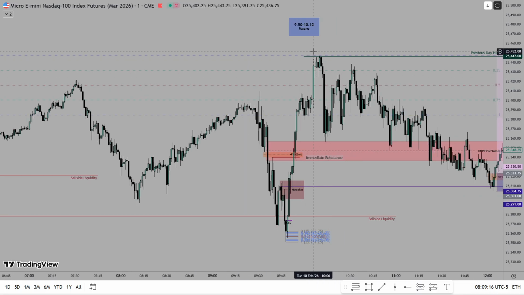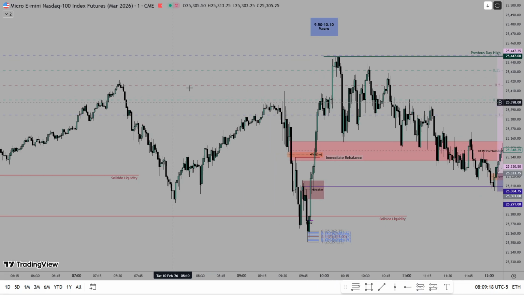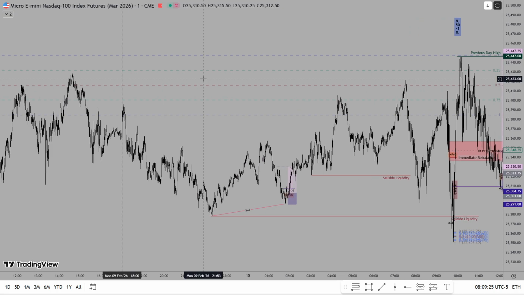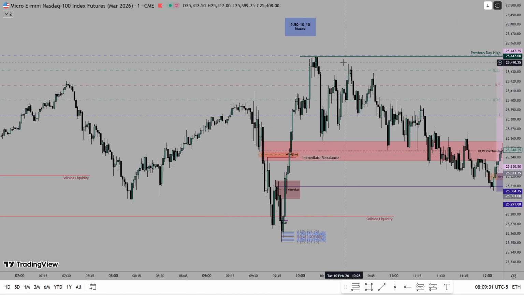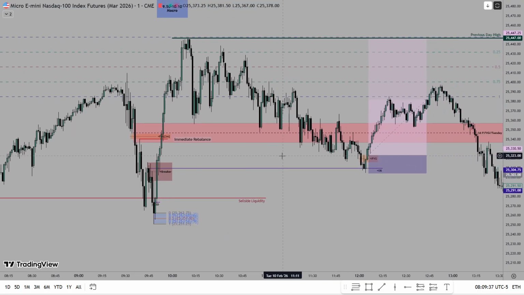Why did price fall from here? Because this upper quadrant, this upper portion of the ORG, was not traded before. You can see here, this is the idle area. That's why price reacted to this high of the ORG gap and then started moving lower towards this sell side.